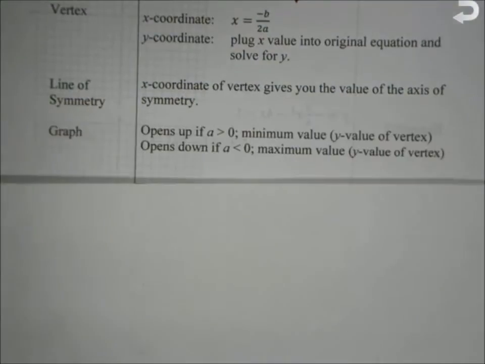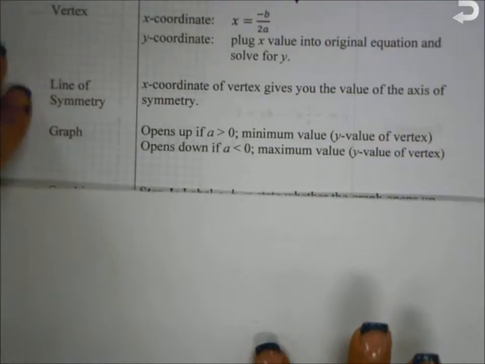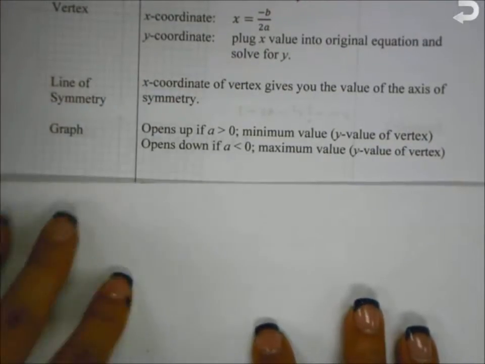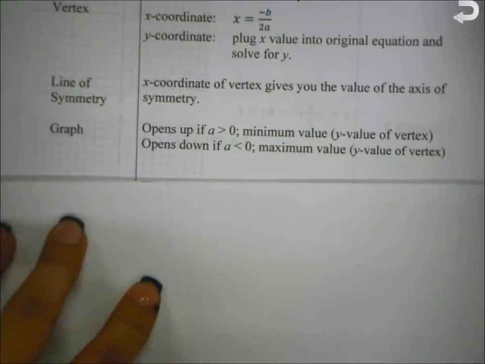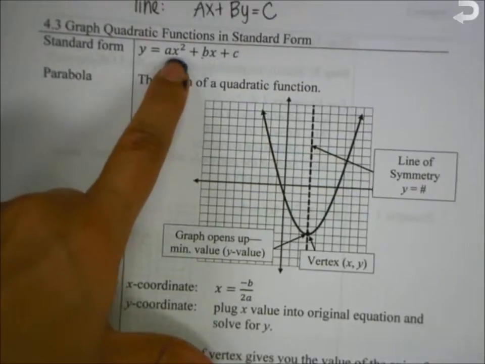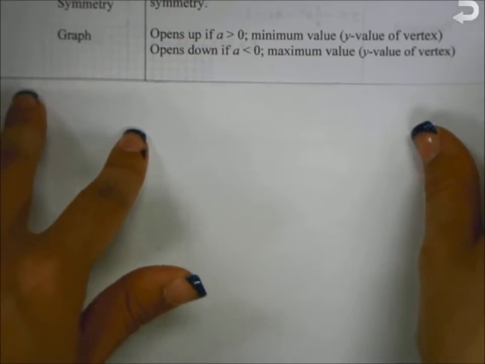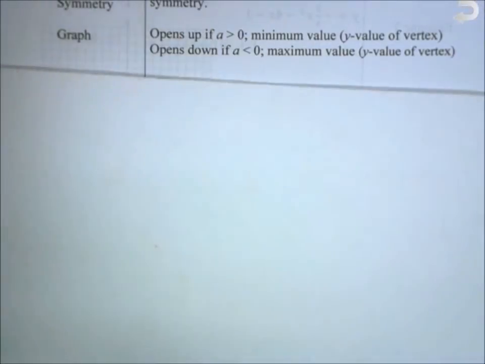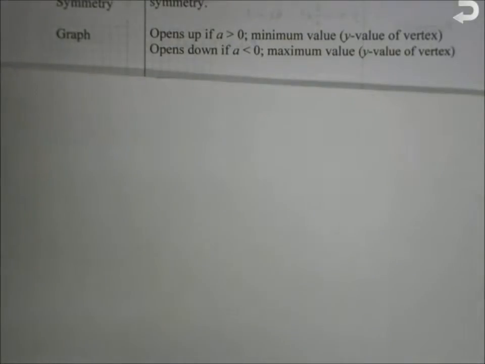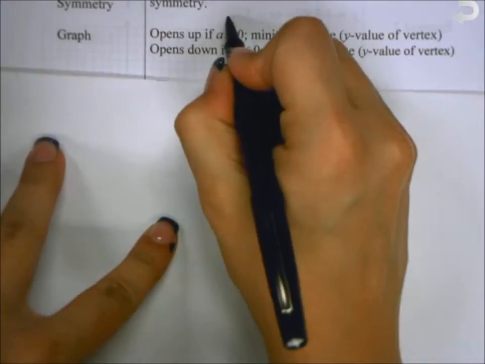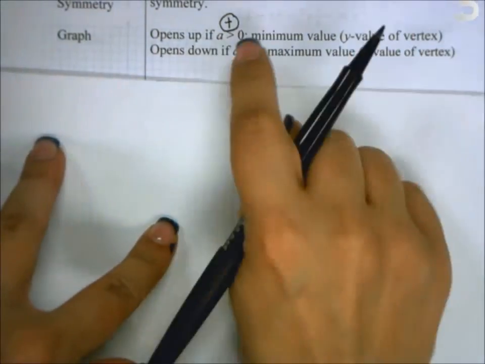We need to know a couple things about the graph. If a, this a right here in front of the x squared, is greater than 0, which means it's positive, then we're going to get a minimum value because it's opening upwards.